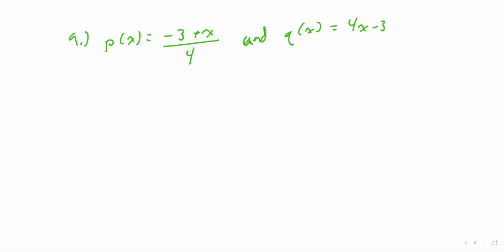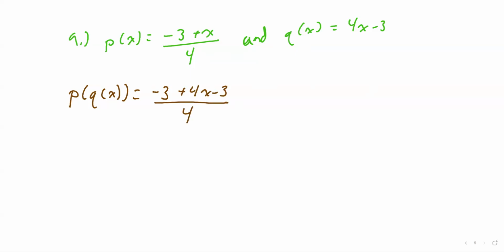Doesn't matter which way you go. I'm going with P of Q of x. So I'm going to plug in my Q for my x. So I get negative 3 plus (4x minus 3) over 4.